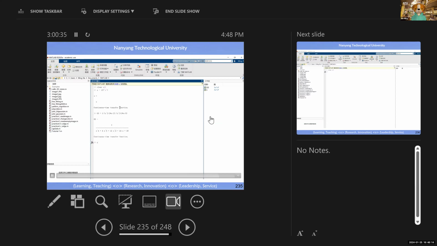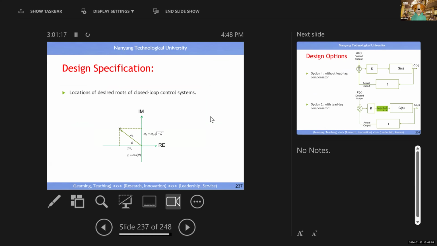Then you just call rlocus, something like bracket G(s), enter. Then you will see all the possible roots for all the possible values of the design parameter K appear. How come this video is stuck there? Anyway, I guess there's a problem with the video. But anyway, with MATLAB, we will visualize this.